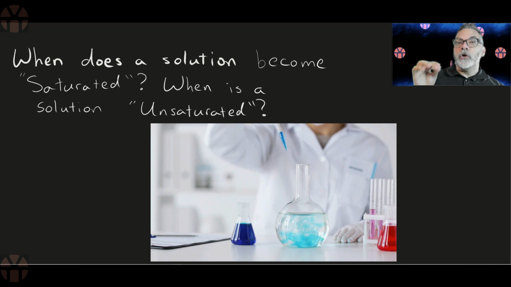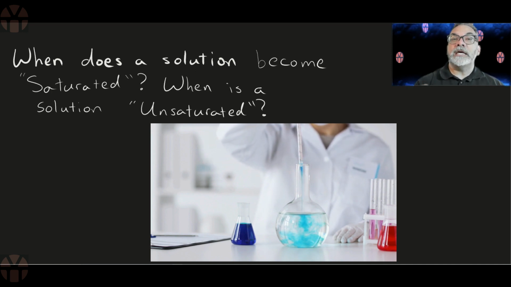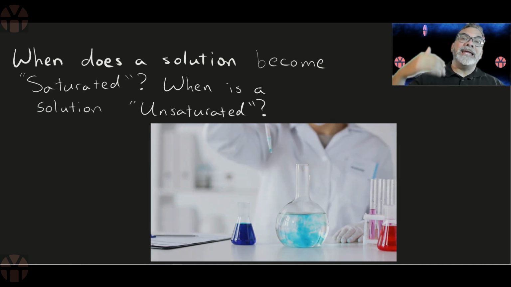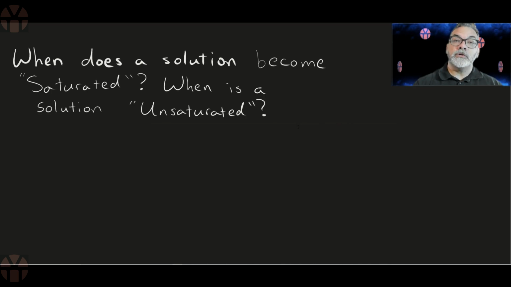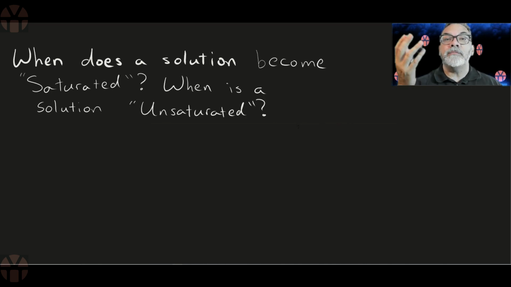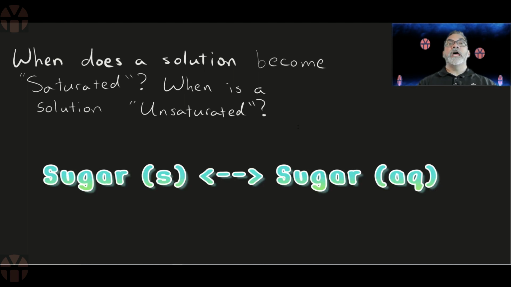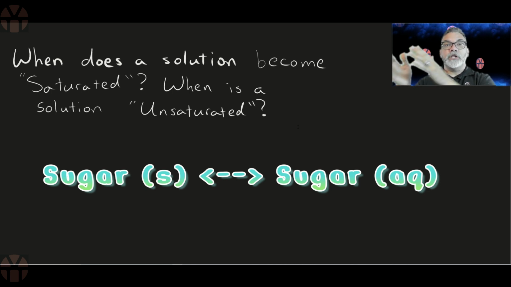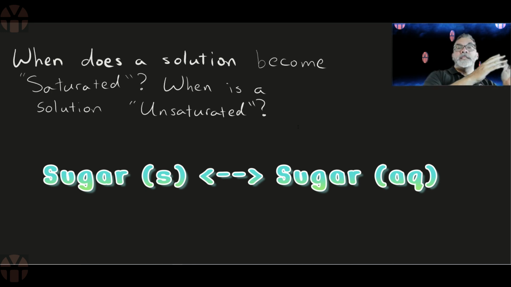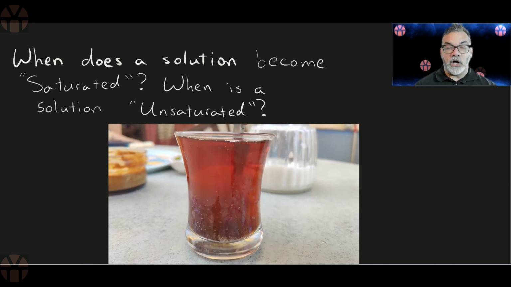Under our new context, once we added so much solute, we had achieved the equilibrium between the sugar as a solid, as sucrose, and the sugar on the other side that would have been in aqueous solution, or dissolved.